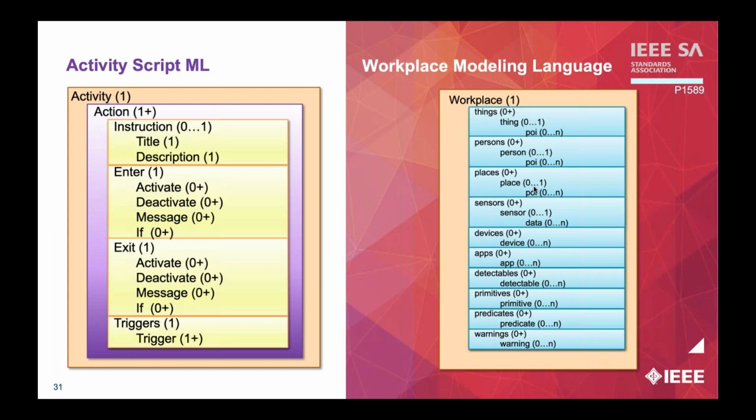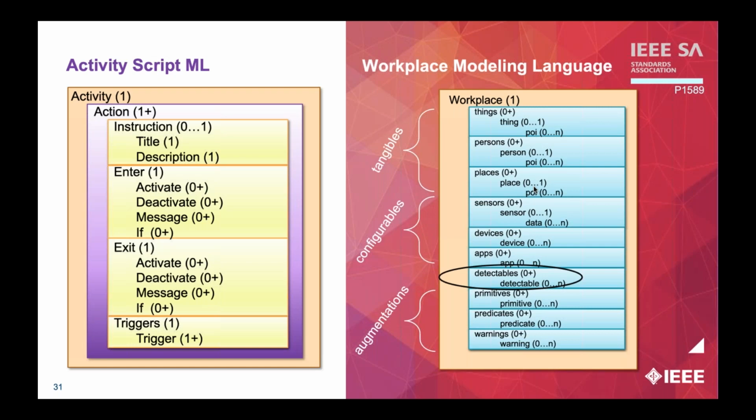If we look a bit more closely, then we can see that the activity description language consists of a container model. An activity will contain one or many actions. Each action consists possibly out of a human readable instruction, the stuff you would put onto a task card telling people what to do, but also then the augmentations, I would say, that are executed when we enter this action step or when we exit this action step.